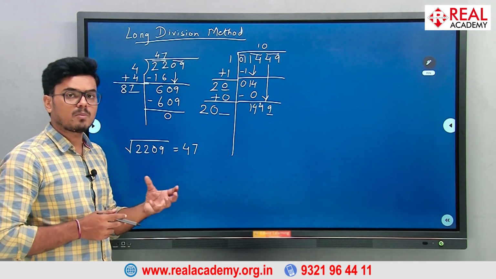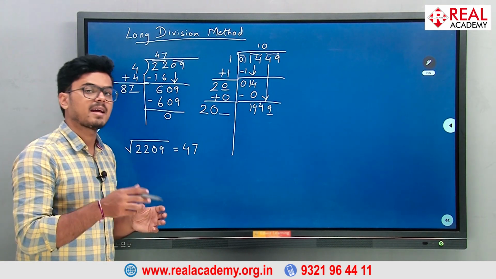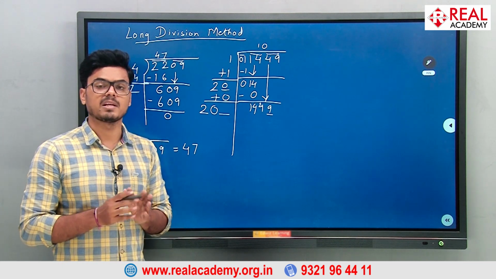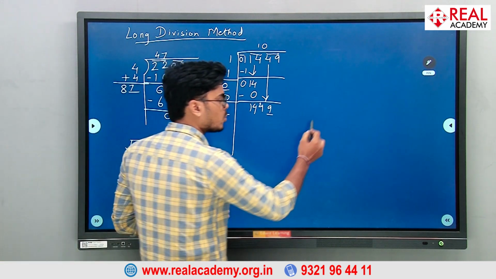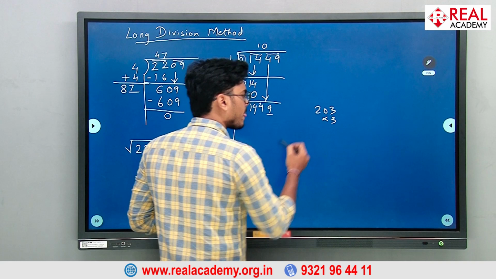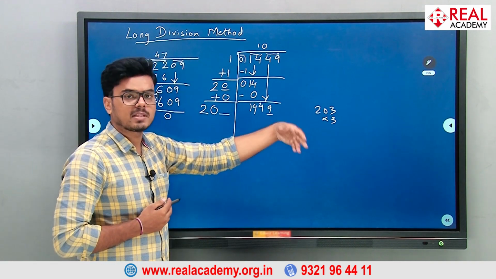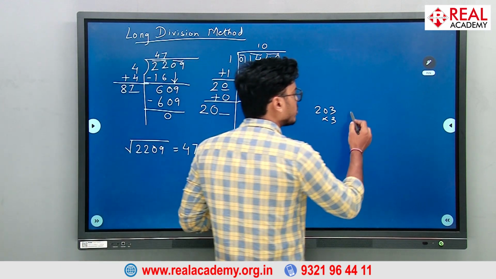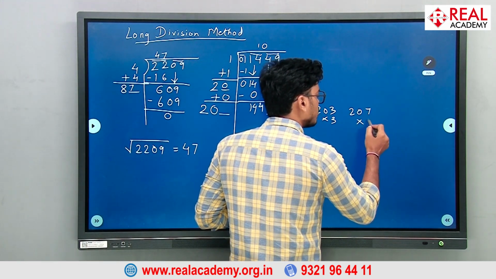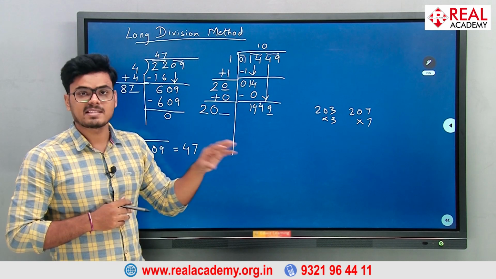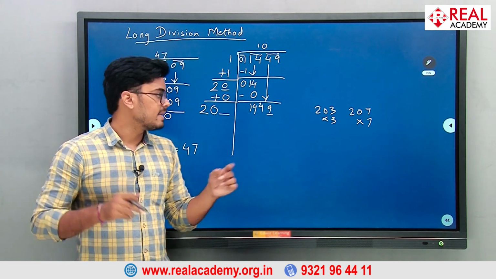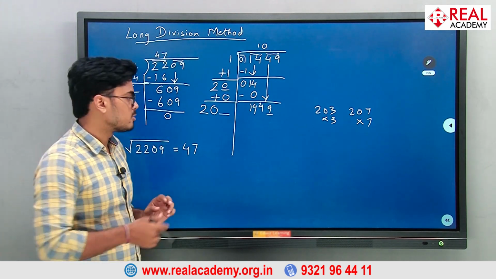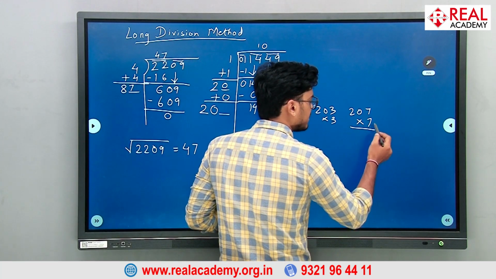There are not many numbers that give 9 as the last number when multiplied with itself. So we can take 203 into 3, but this number is not even more than 1000 because 200 into 3 is 600, right? So we can try 207 into 7. Why? Because 7 7s are 49, and in the end here we can see it is 9. So let us try 207 into 7.